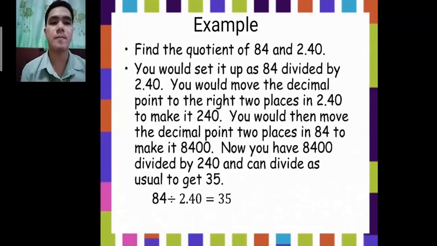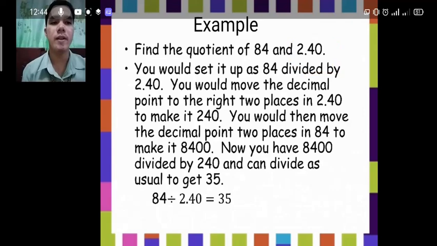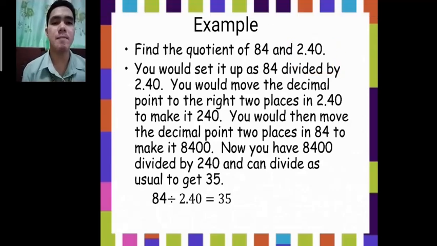For example, find the quotient of 84 and 2.40. So you would set it up as 84 divided by 2.40. As you can see, our divisor is a decimal number. So take note, if our divisor is a decimal number, we have to move the decimal point until the divisor is a whole number.